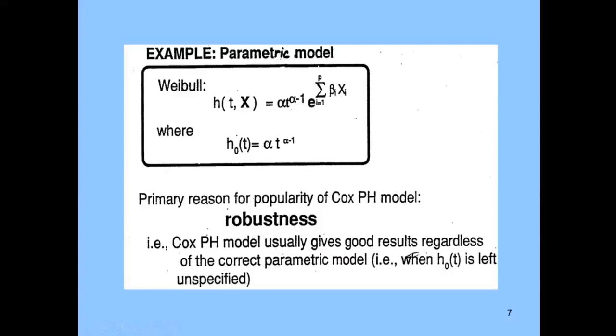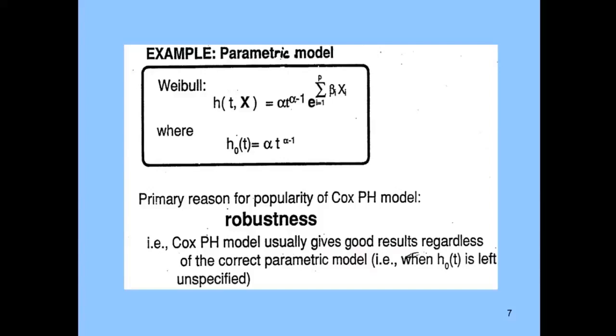In other words, if you don't know or don't want to take a guess at what the baseline hazard function looks like, or you don't want to say that the true parametric model is Weibull, or exponential, or something else, and you decide to fit a Cox proportional hazards model to the data, you typically do a good job of getting what you want to get.